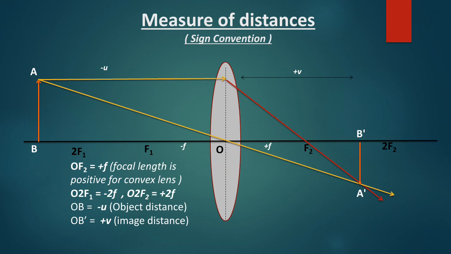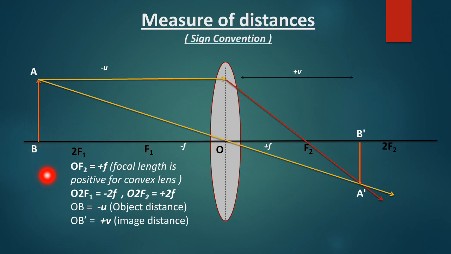Now every time we are putting the object on this side, on the left side of the lens, so that means the distance of the object from the lens we will take with a negative sign, because the distance we are taking is from O to B.